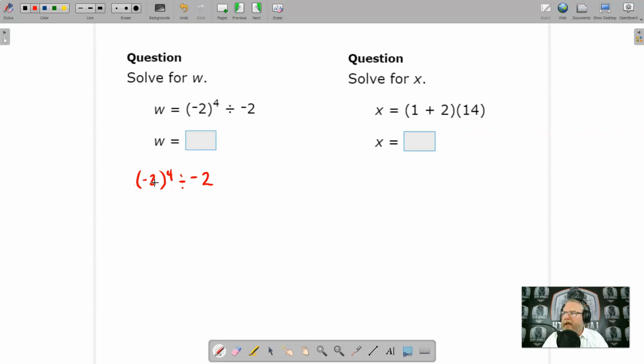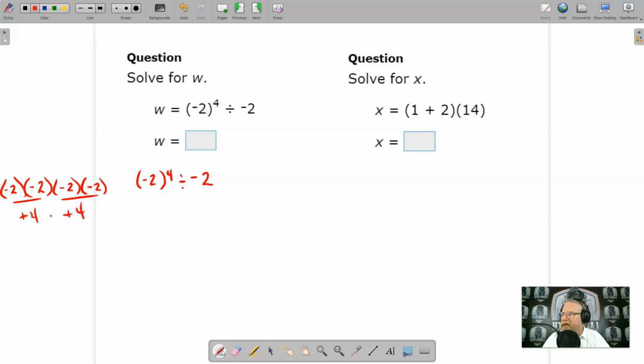Now, since the negative sign is inside the parenthesis, this means -2 times -2 times -2, times -2. There we go. So negative times negative is positive, right here. Negative times negative is positive, and 2 times 2 is 4.